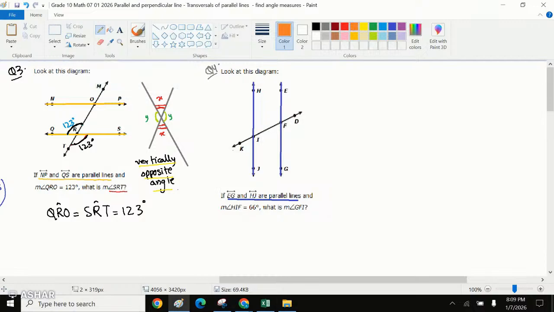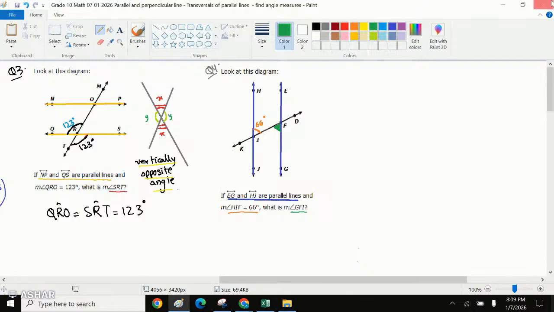The second part of the question says HIF, this angle, this is 66 degrees. What is GFI? Let's see, where is GFI? This is G, F, and I. So we need to find this angle, this is the missing angle.